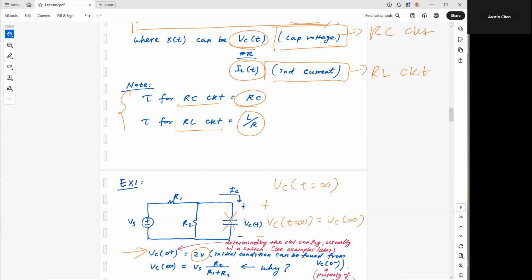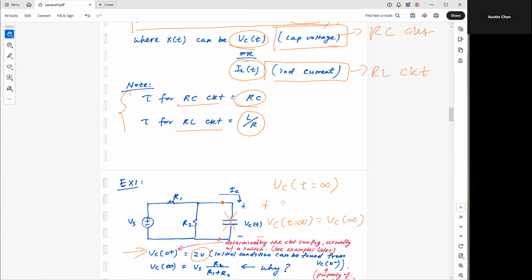When VC is at infinity, this capacitor is open, so I cross this out, and I just need to find the voltage drop across this open, these 2 dots.